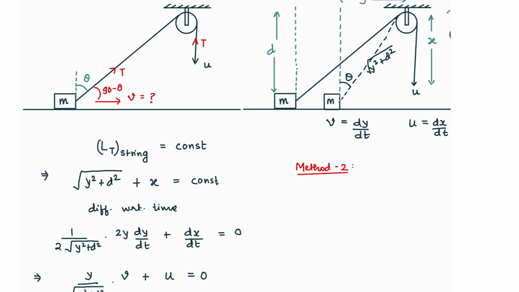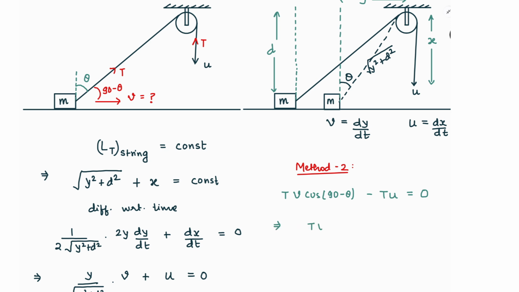If we write the expression, we can say T v cos of 90 minus theta, so we are technically doing the dot product of tension and velocity vector, and at this point we can say minus T u, and this is equal to 0 because the net work done by internal forces is 0.